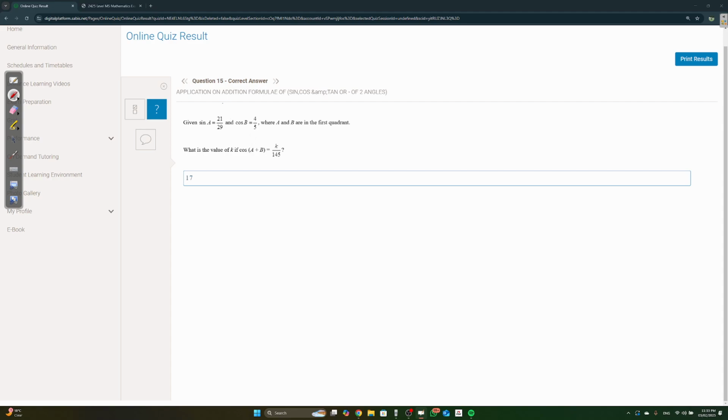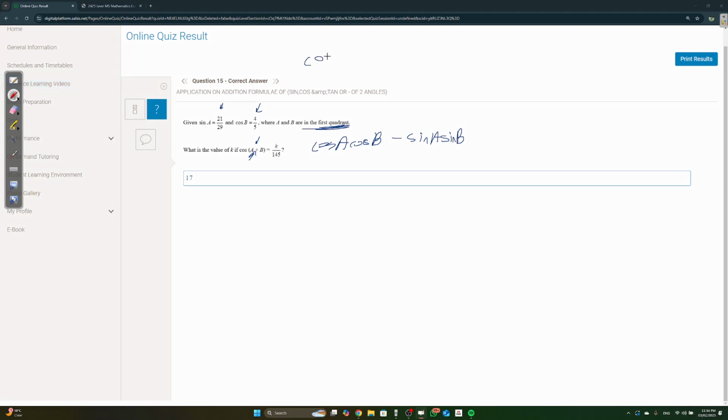Given sine A is 21 over 29, cosine B is 4 over 5. What is, first quadrant, what is cosine A plus B? Cosine A cosine B minus sine A sine B. As I said before, you need to find sine B and cosine A. How do you do it?